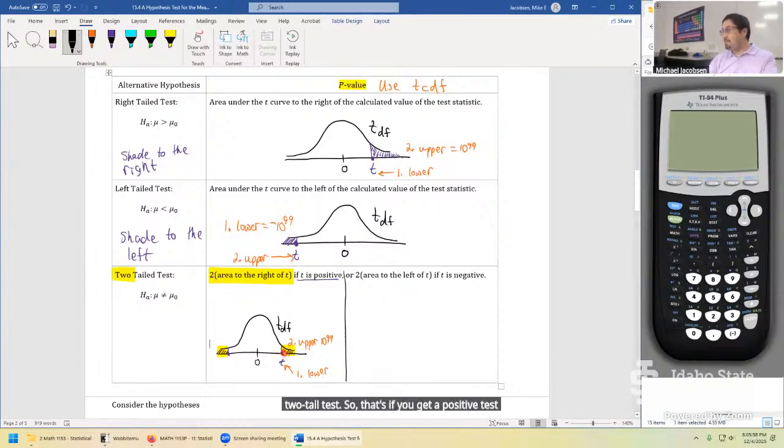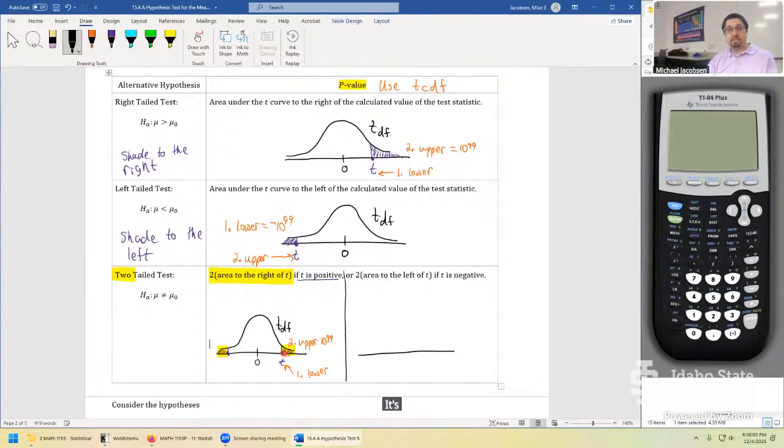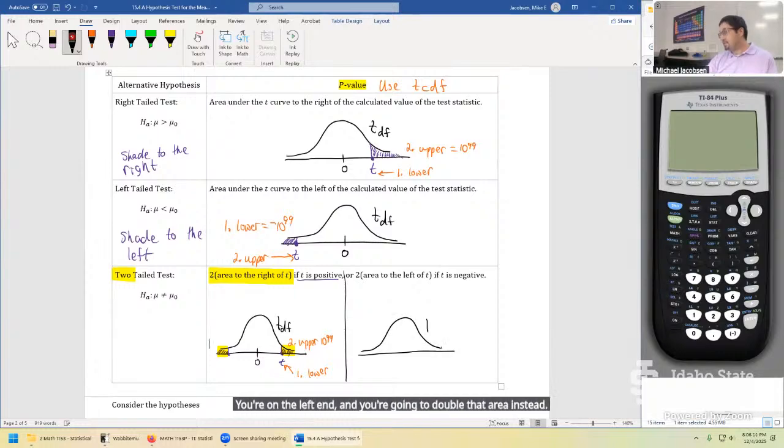If your test statistic came out negative, it's the same sort of picture, but you're using just a different value for t. You're on the left end, and you're going to double that area instead. So here's the t distribution once again, 0 in the middle. Let's suppose your test statistic ends up here, so here's t.